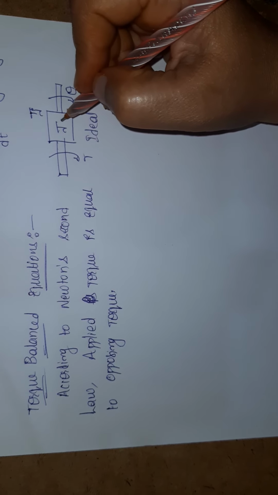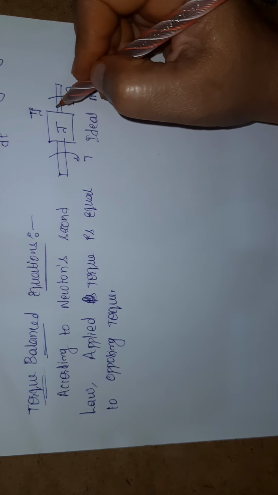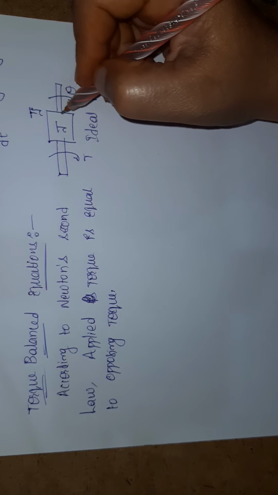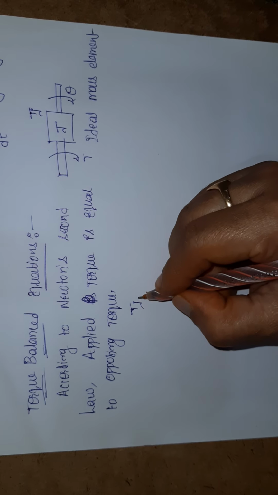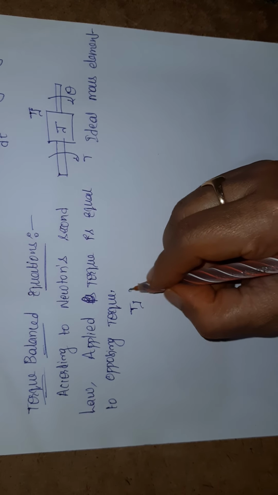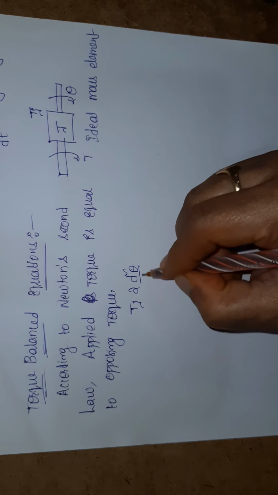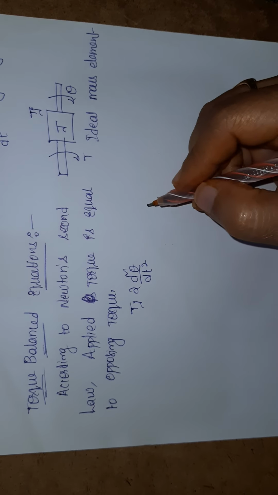Like we have Fm, the force offered by the mass element, here I have Tj. So Tj is directly proportional to d square theta by dt square, that is angular acceleration.